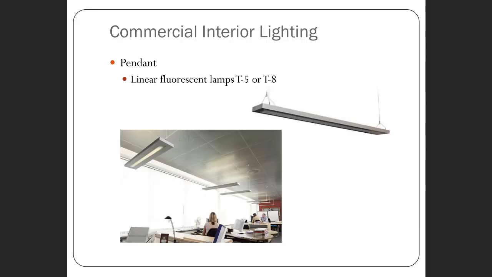Or you might also have pendant mounted fixtures like this. The fixtures will point some light up and bounce it off the ceiling and point some light down. So this would be part of a design or an engineered lighting system to provide higher quality lighting for the folks sitting in this office here, working on their computers.